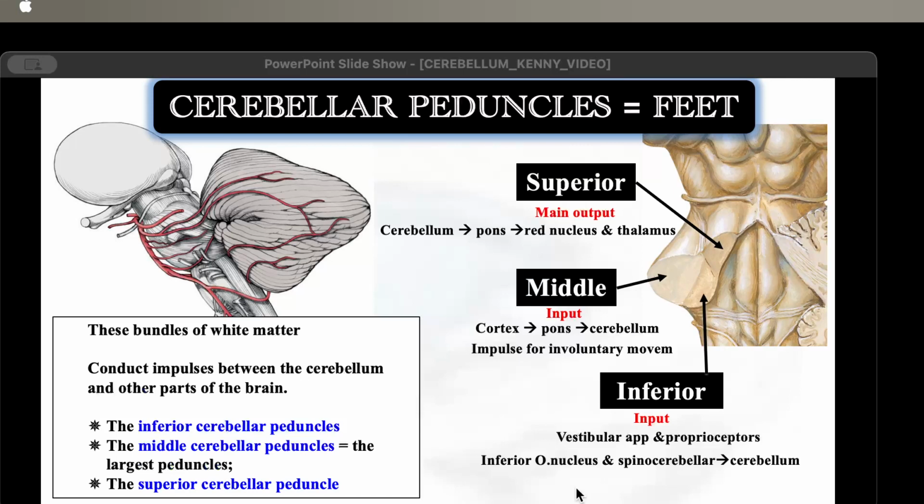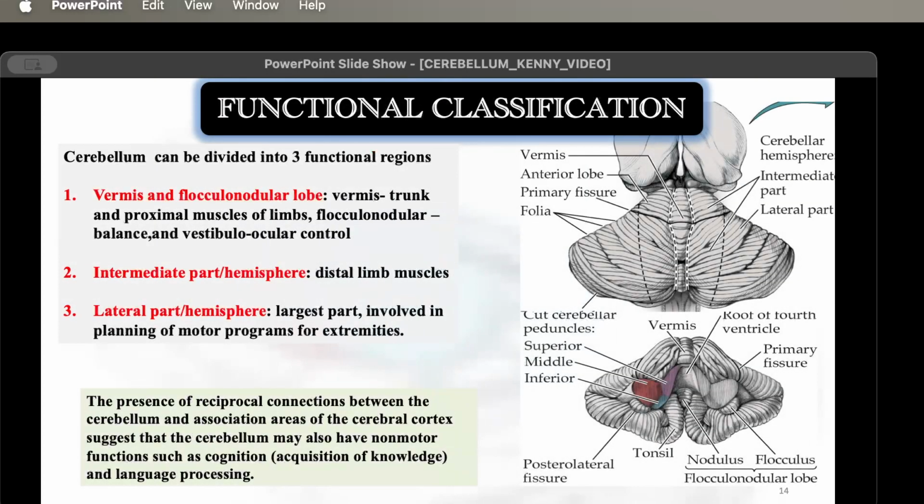You see the vestibular apparatus and the proprioception all carry the route through the inferior cerebellar peduncle. So these two are input. The superior cerebellar peduncle is the main output of the three cerebellar peduncles.